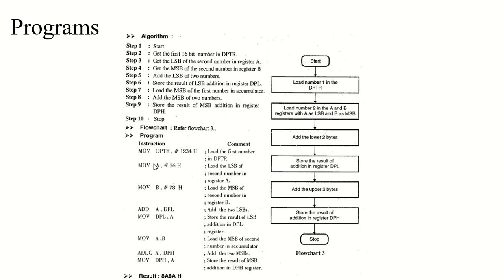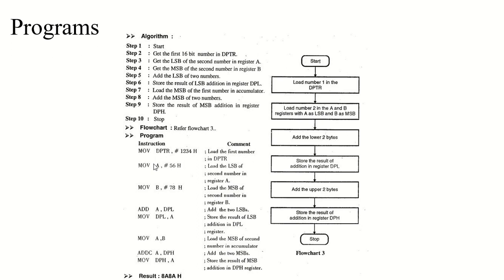Now the flowchart of that is also given here. I'm not going to take so much time this time, I'm simply going to tell you. First we will start, then we will load the first number in the data pointer. We will load the second number in the accumulator and register B, with the accumulator consisting of the least significant byte and register B consisting of the most significant byte of that number.